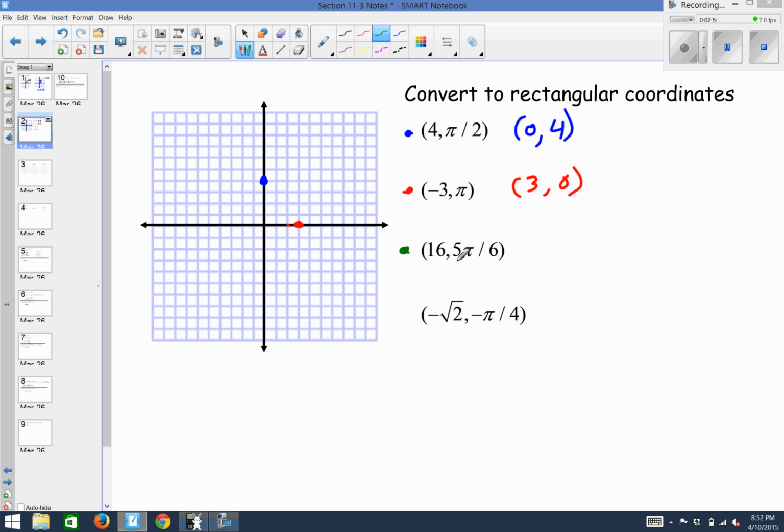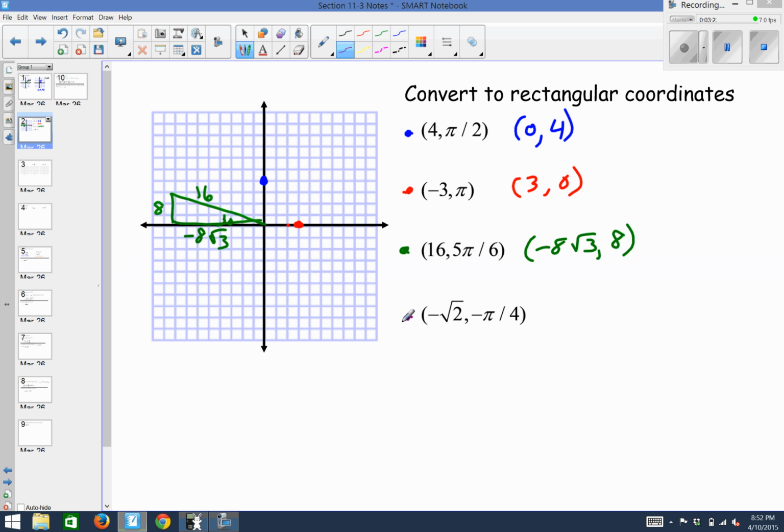If I look at (16, 5 pi over 6), 5 pi over 6 is out here, and 16 says that's how many units this is. Well, that's a 30-60-90 triangle. So this would be 8, and this would be negative 8 radical 3. So this would be negative 8 radical 3, 8.